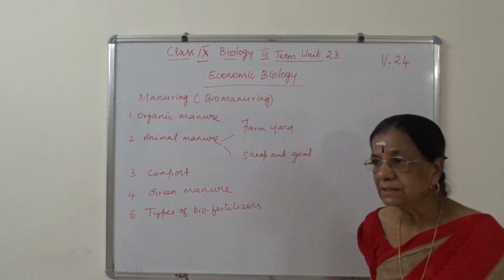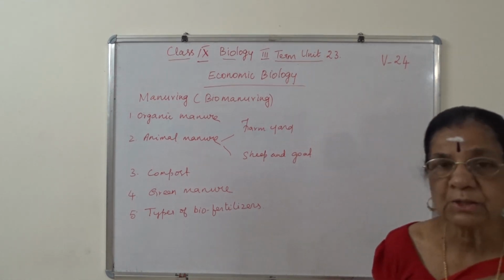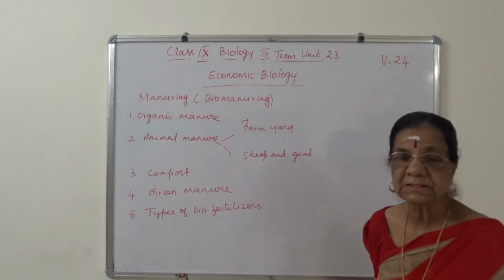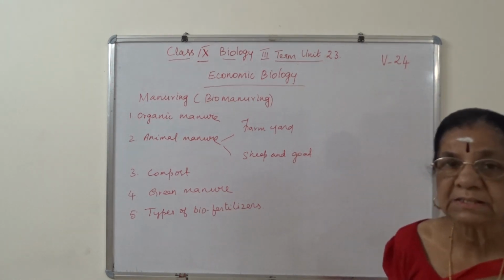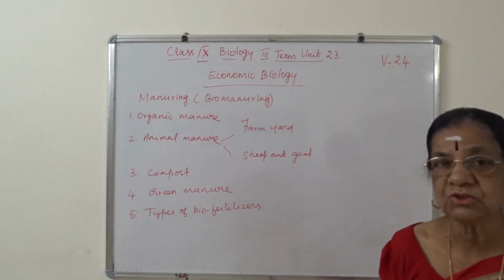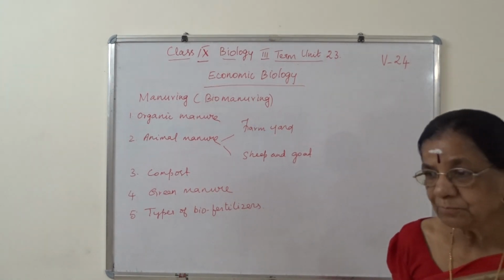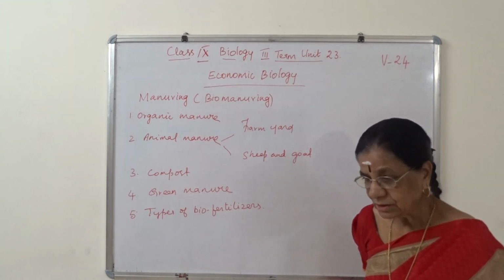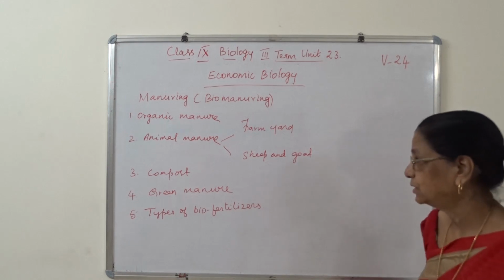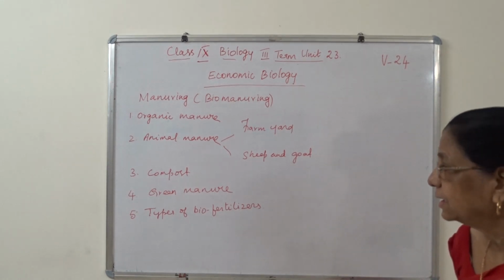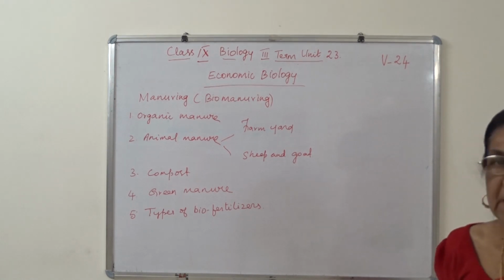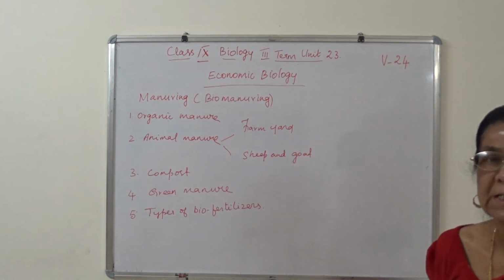That is all the kitchen waste, biodegradable waste, especially vegetables and fruits, dumped in a pit at the garden part of our house, and when it decomposes, it forms a manure, that is compost. And then green manure, and then we are talking about types of biofertilizers.